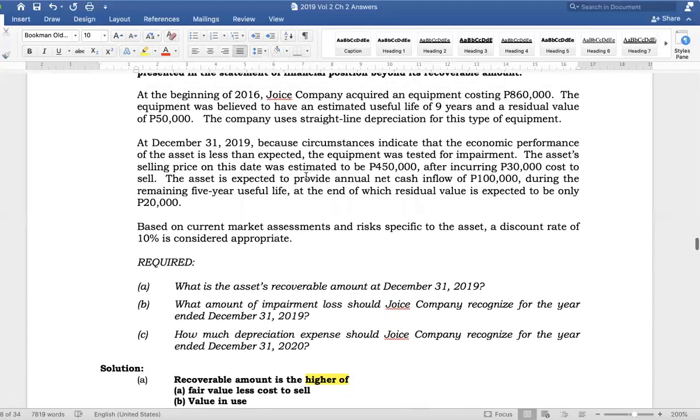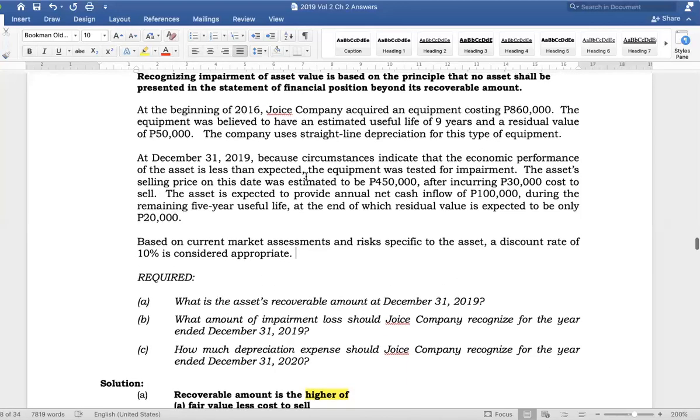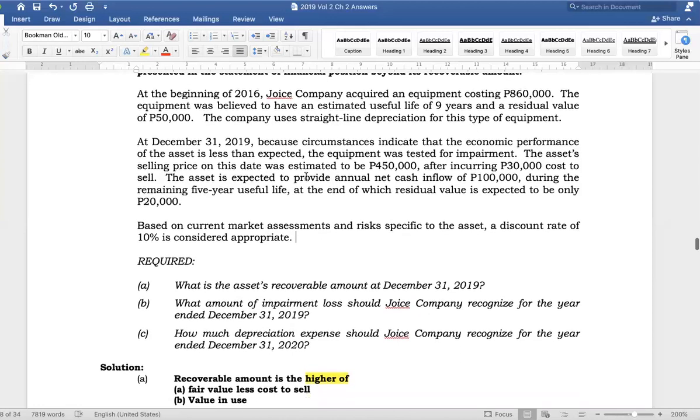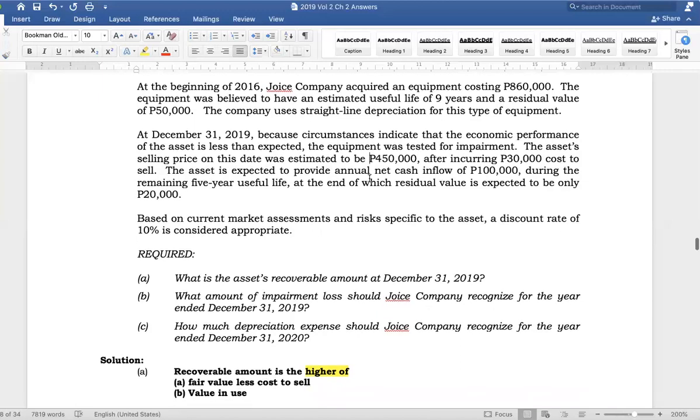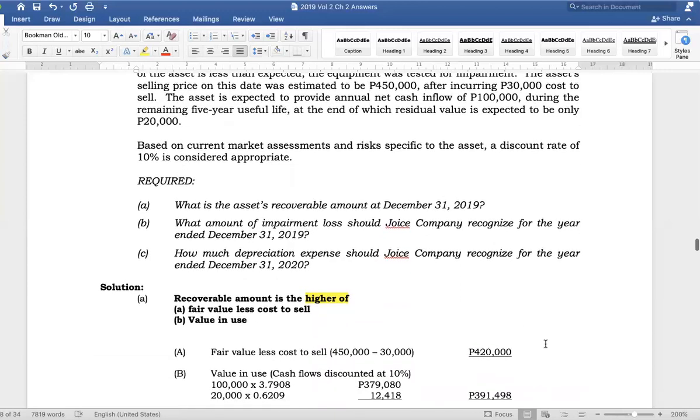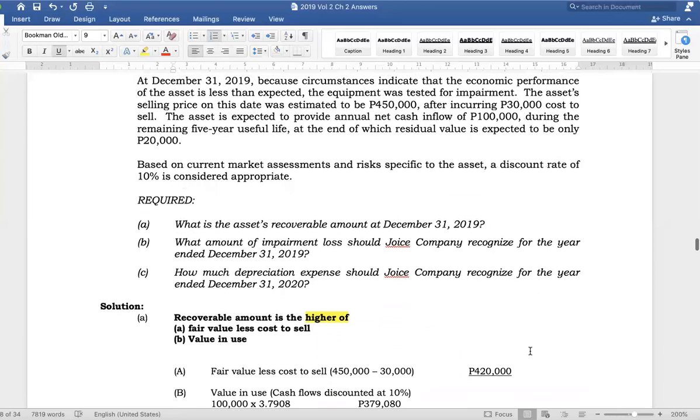Therefore, we compute for the recoverable amount. Again, that is the higher between the two values. Fair value less cost to sell: the selling price, if we would sell the asset, will be 50,000, but that is after incurring costs of 30,000. Therefore, your fair value less cost to sell is 20,000.